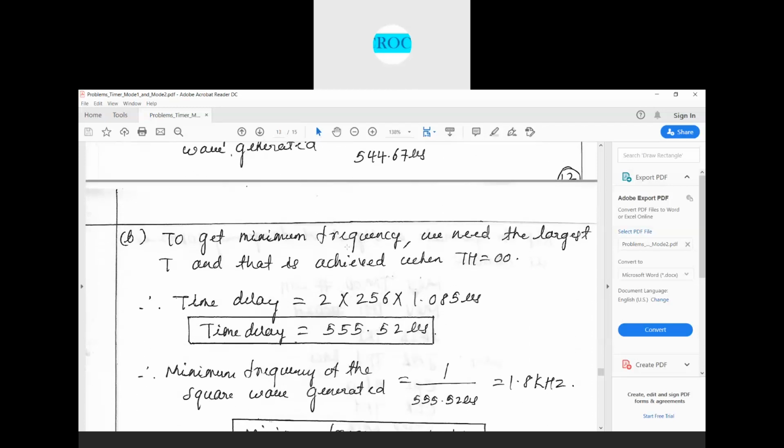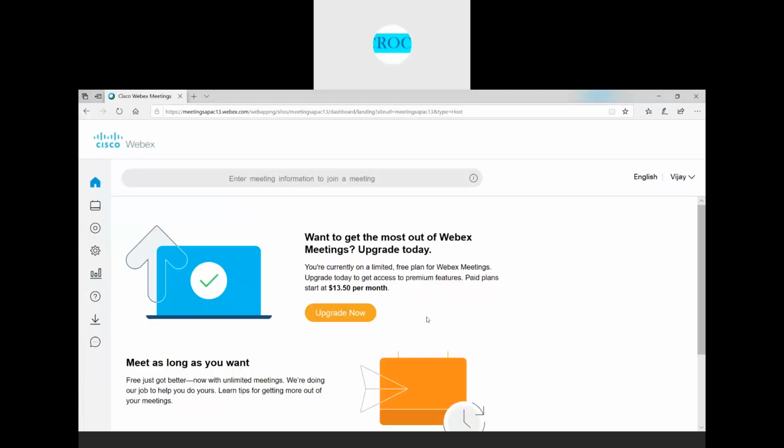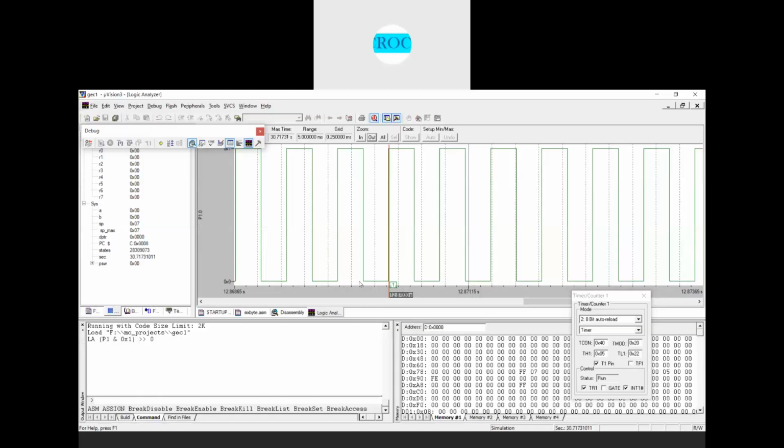Now what is the minimum frequency? For minimum frequency, what do we need to do here?